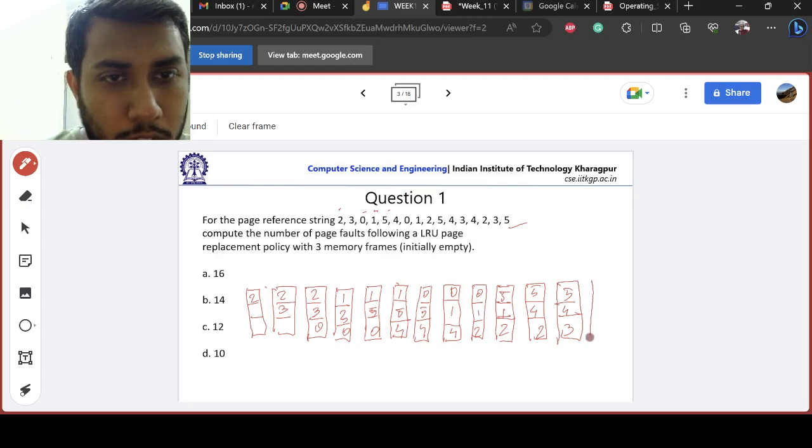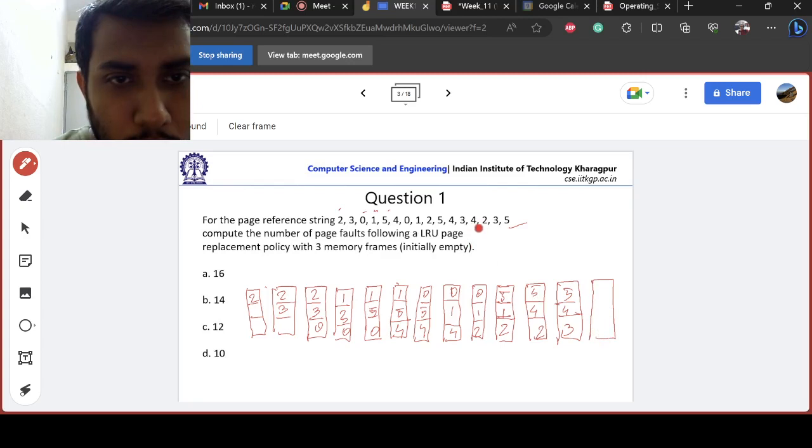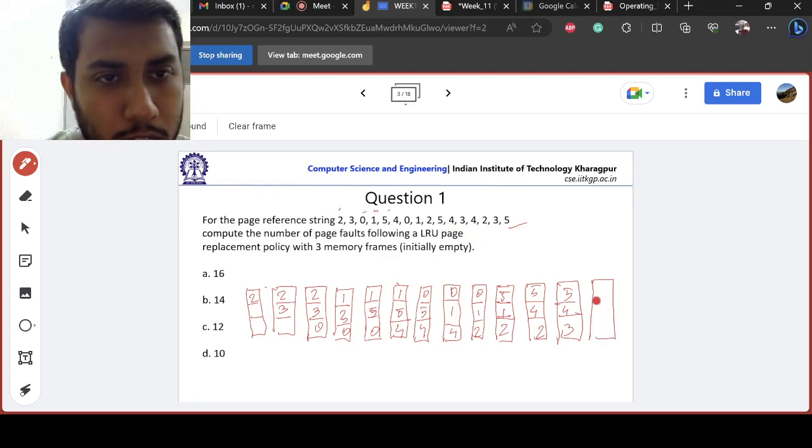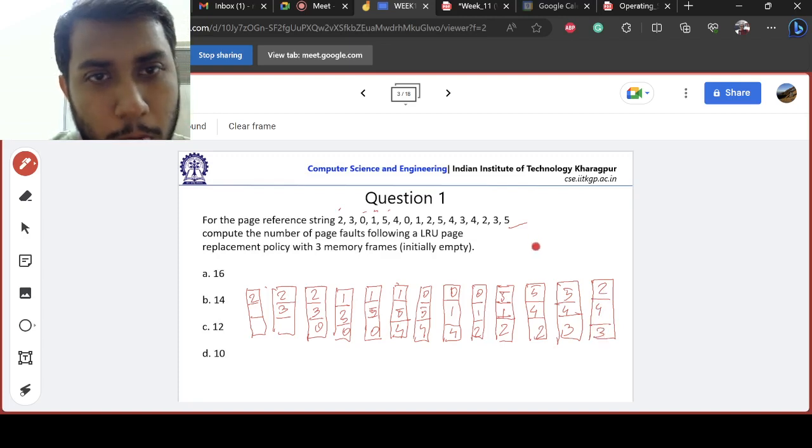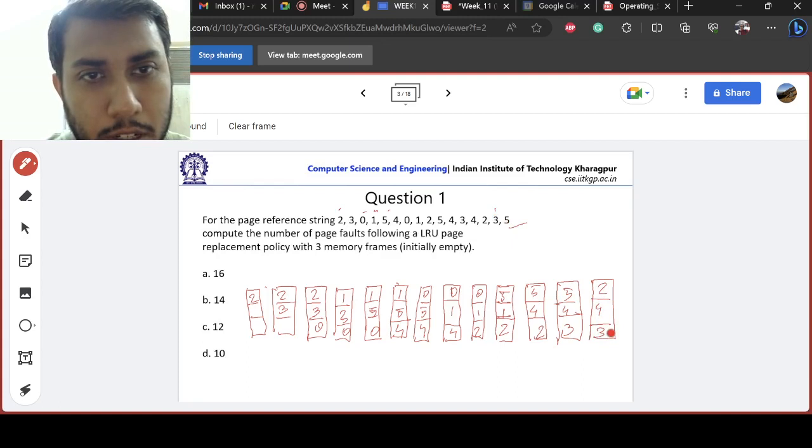Then 2 comes, the least recently used is 5, so 2, 4, 3. 3 comes, 3 is already present.